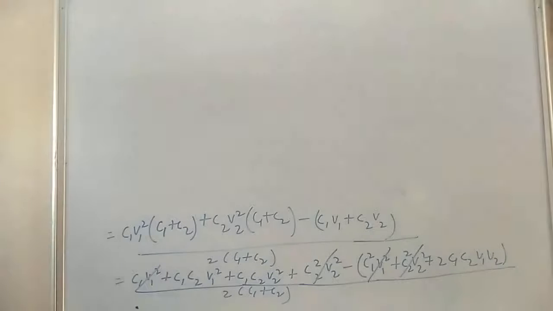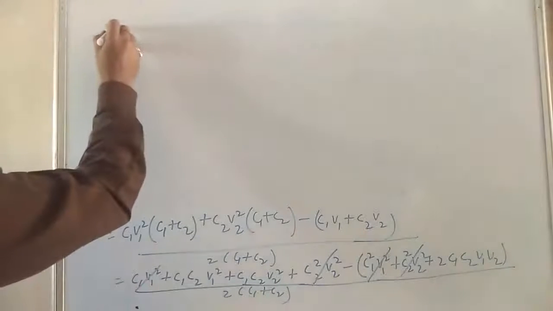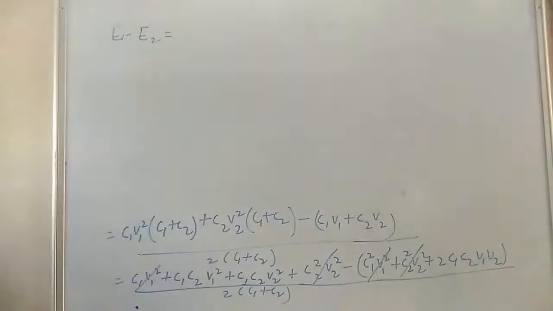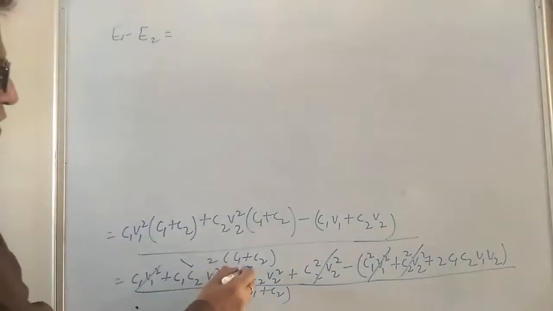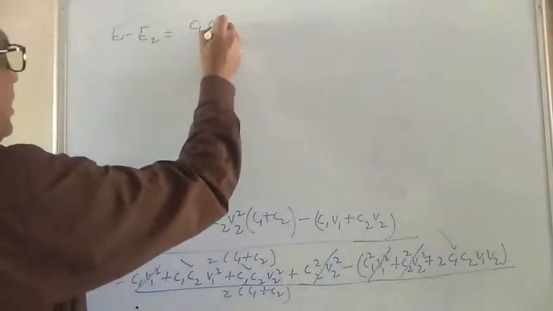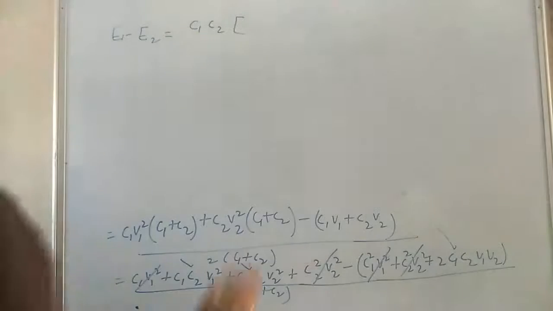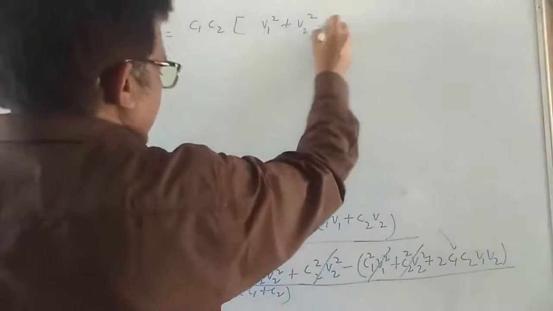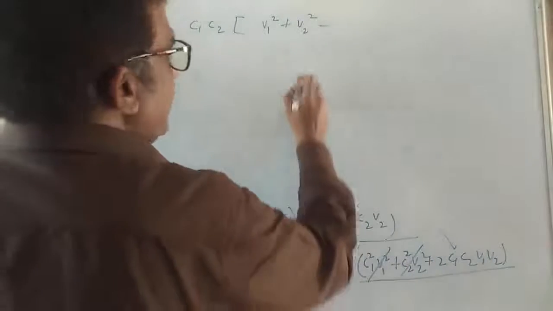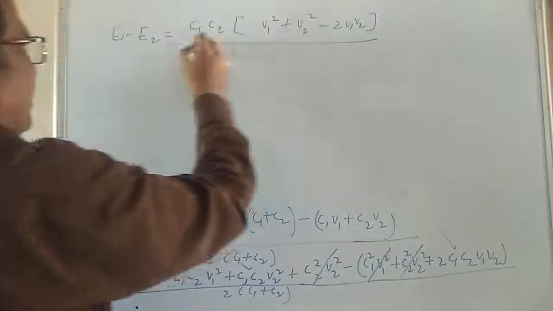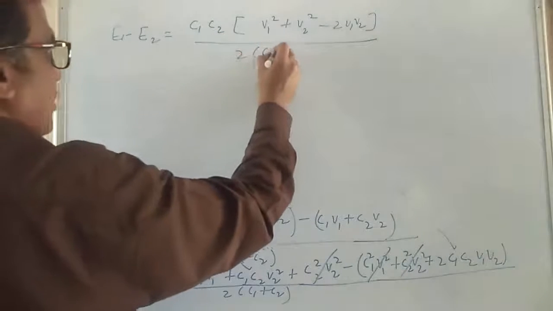So E1 minus E2 comes out to be C1 C2 common in these terms, that is (V1 square plus V2 square minus twice of V1 V2) divided by twice into (C1 plus C2).